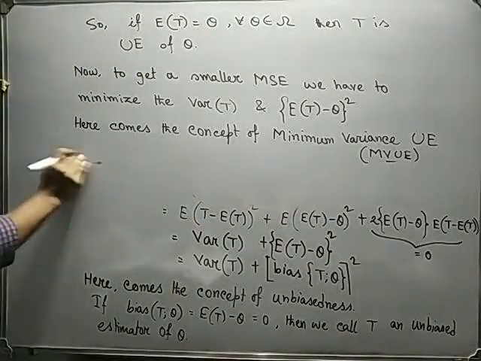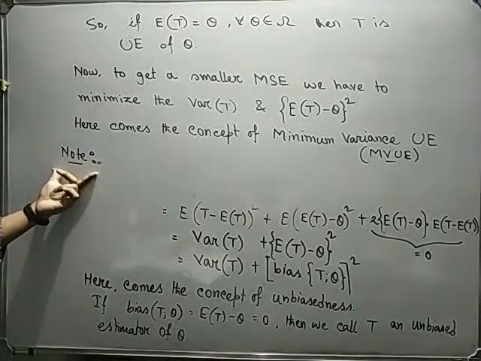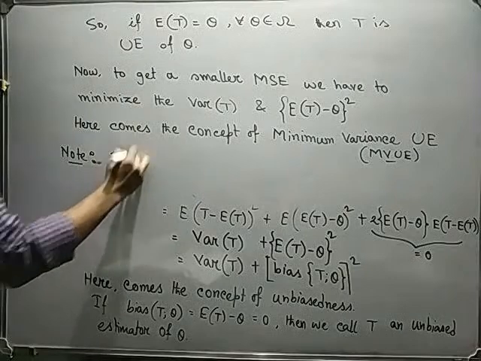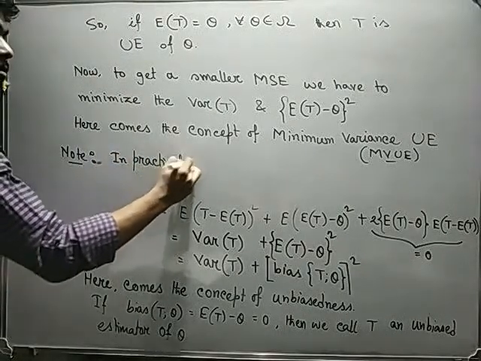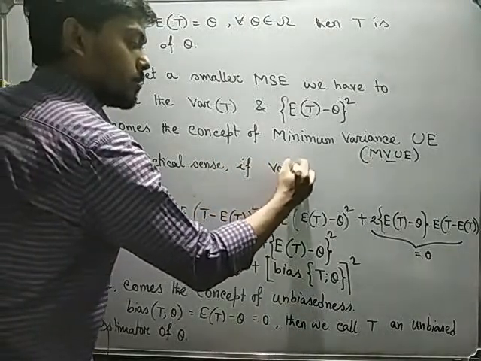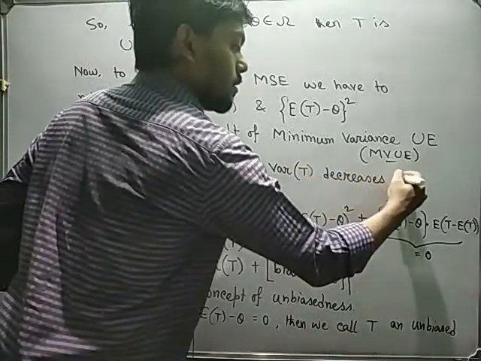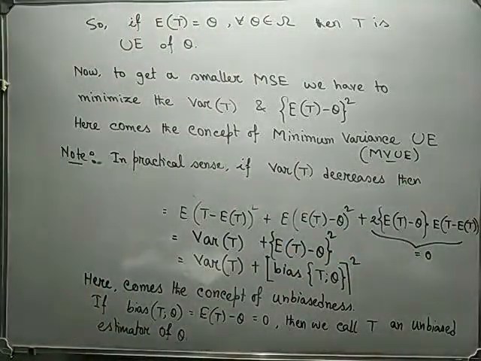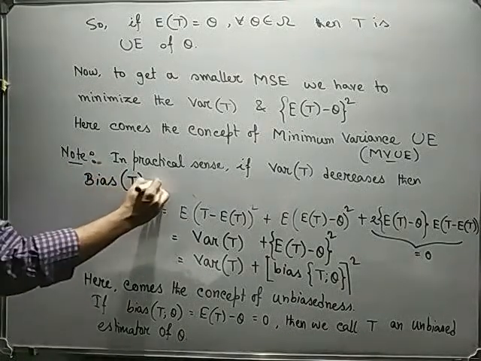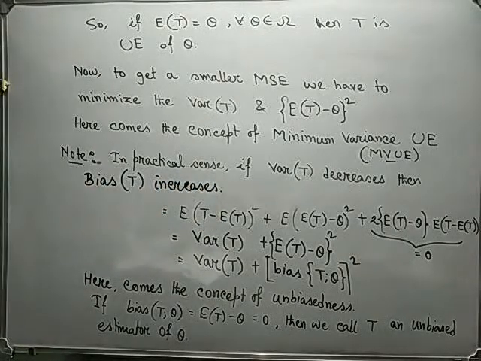But here is a note, or you can call it a disclaimer: in practical sense, if variance of T decreases, then bias of T increases, and vice versa.